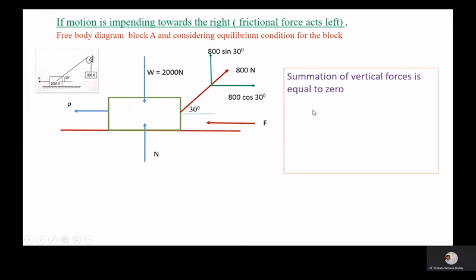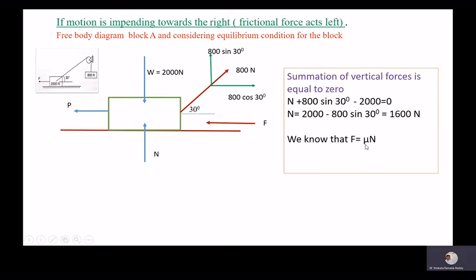Then N plus 800 sin 30 is equal to 2000, so N is 2000 minus 800 sin 30, which is 1600 newtons. We know that F is equal to mu N. Mu is given as 0.35. Substituting, F becomes 560.